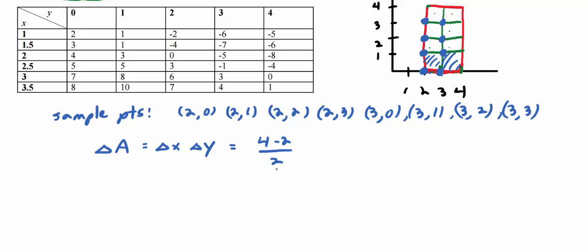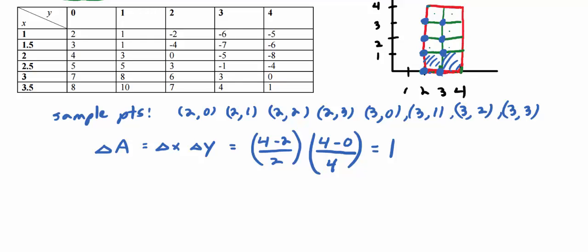So it's b minus a divided by m in this case. And then for delta y, you're going to take d, which is 4, minus c, which is 0. So subtract the endpoints of the interval from 0 to 4 and divide by the number of subintervals, which is 4 in this case. You get this. And notice both of these are just 1. So delta A in this case is 1, but it won't always be.